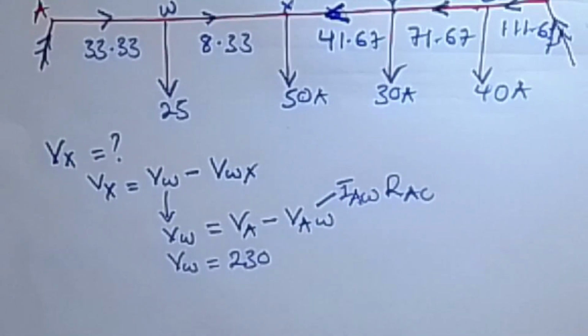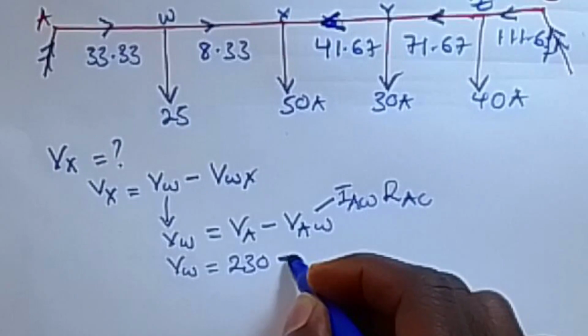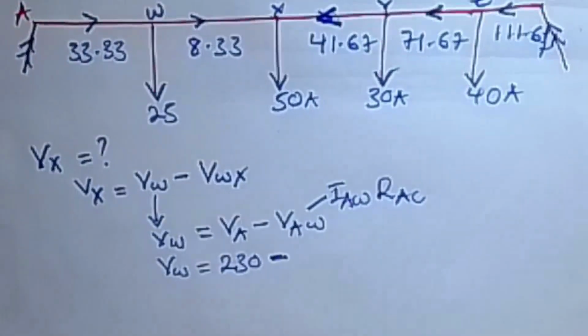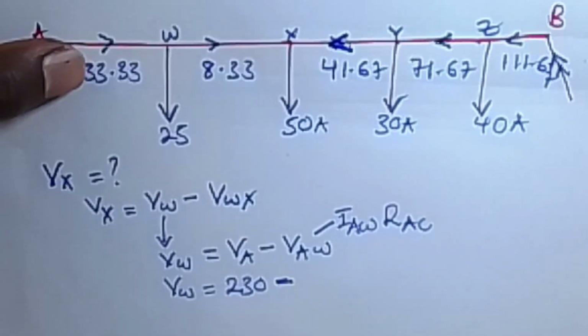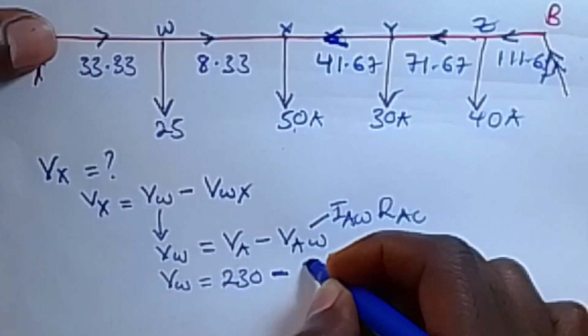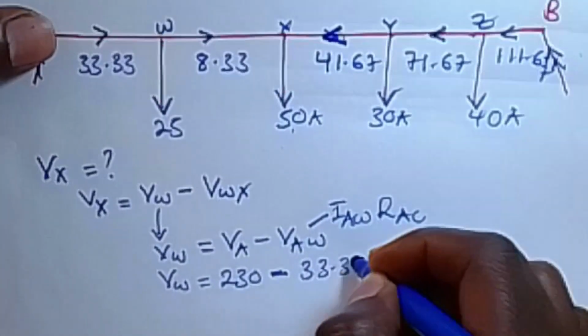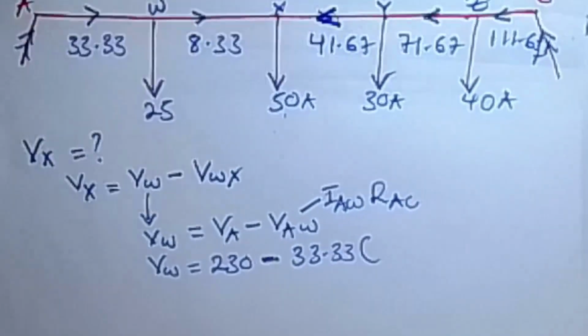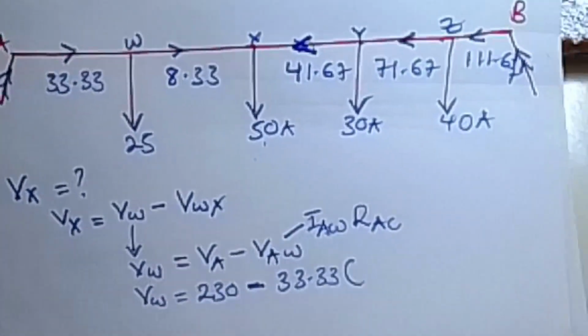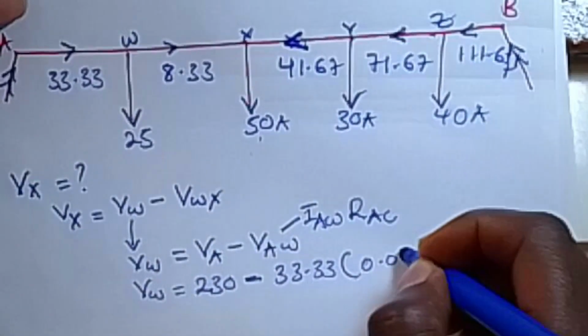So this is 230 minus the current in that section, 33.33, times the resistance, which was 0.03.